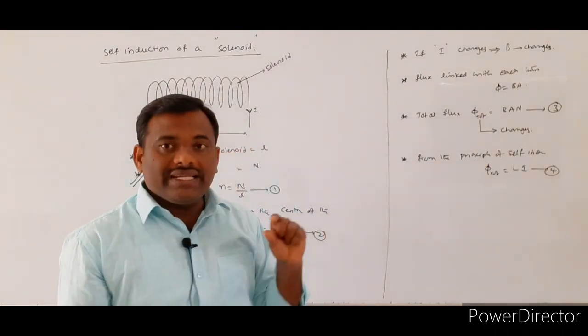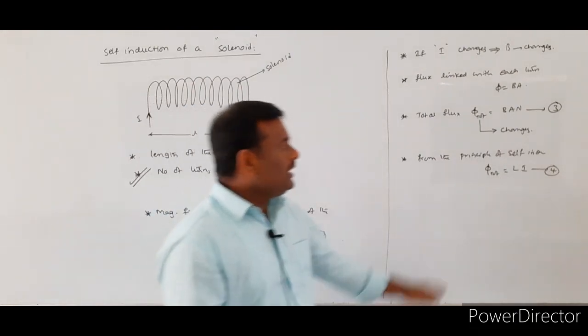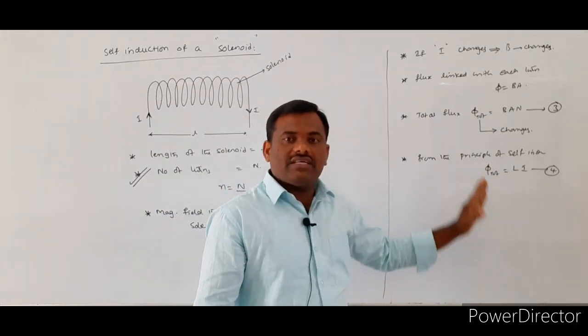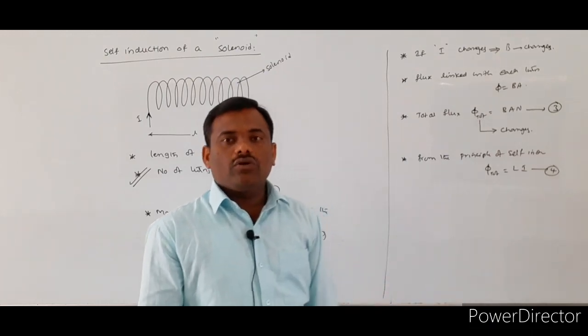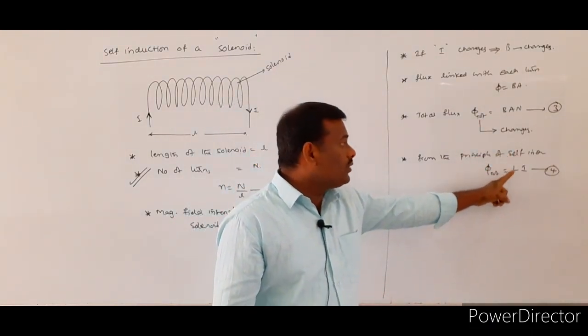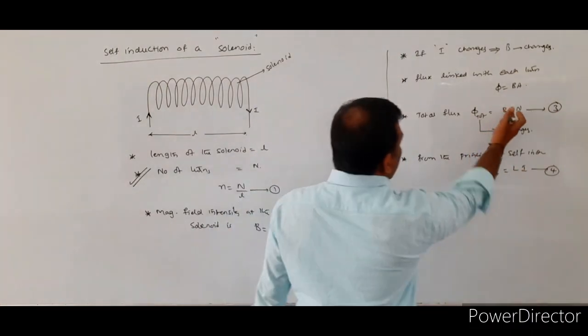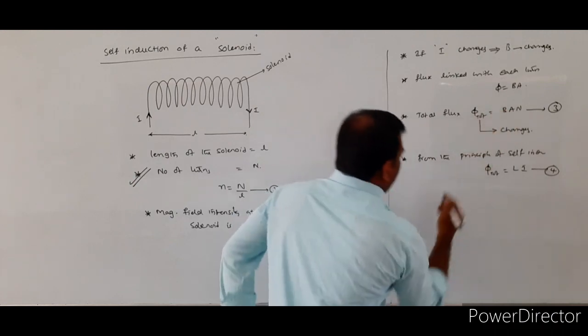According to the principle of self-induction, the total magnetic flux which is passing through the given coil is equal to L into I. What is the total magnetic flux value here? BAN.